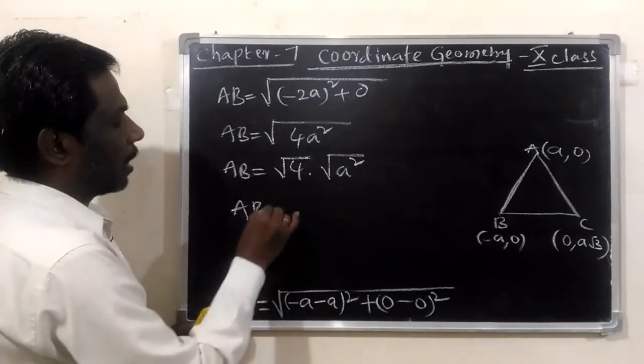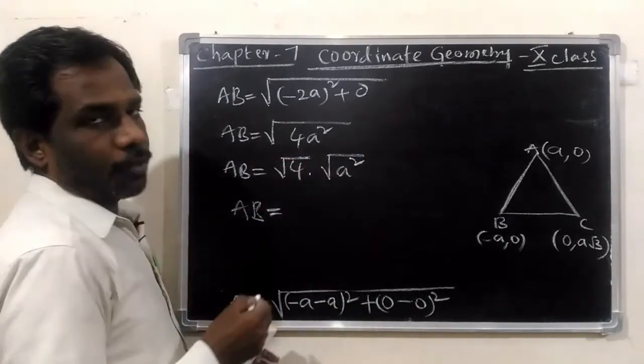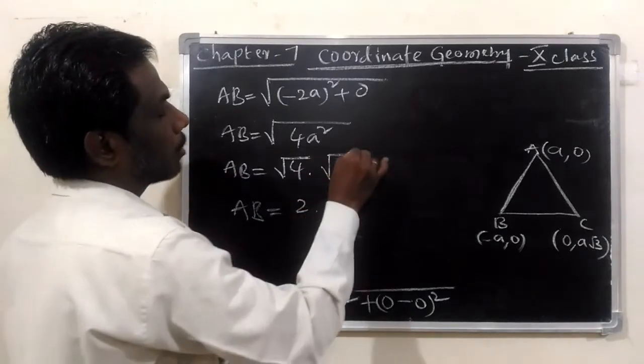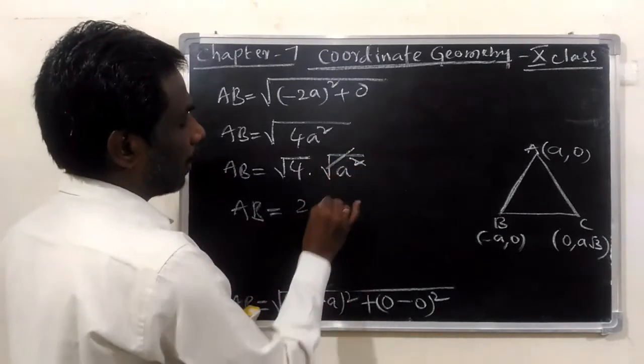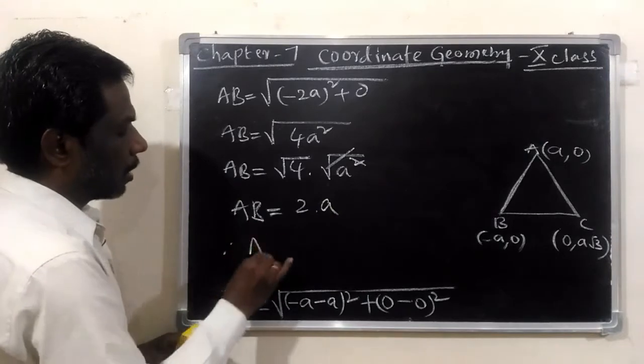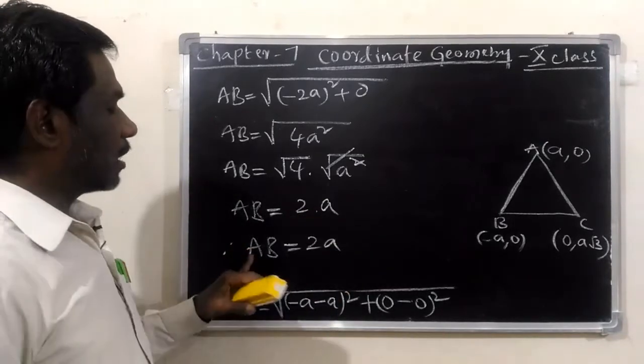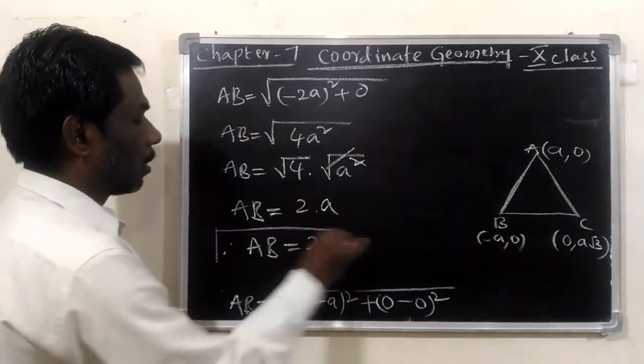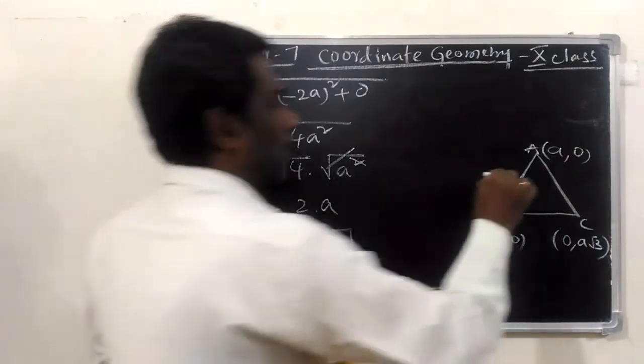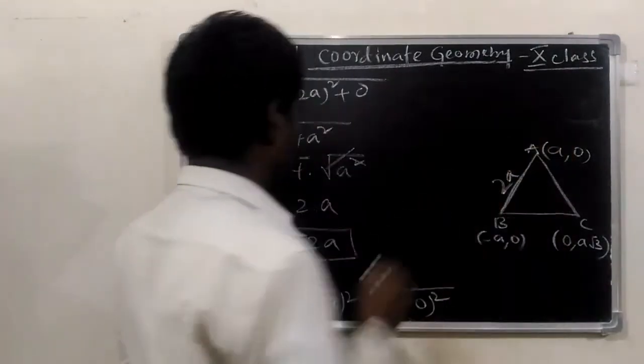Root 4 is 2, and the square root cancels, remaining a. Therefore AB equals 2a. The distance between AB is 2a units.